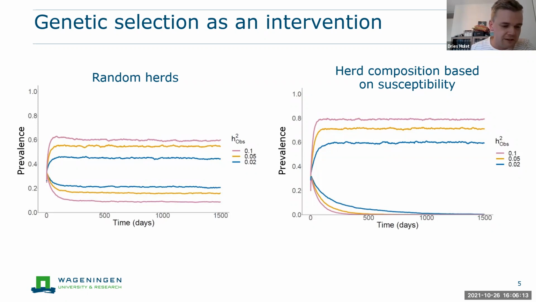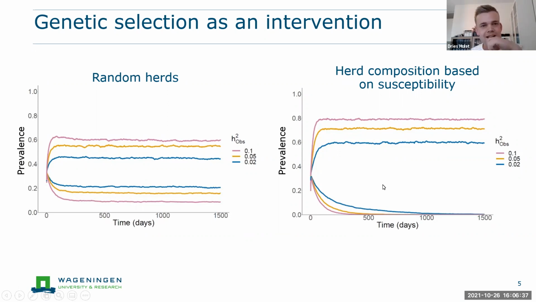So it matters a lot who your herd mates are. If you are in a herd with animals with low susceptibility, then it's likely that there is no infectious disease. This is very comparable to the herd immunity effect following vaccination.